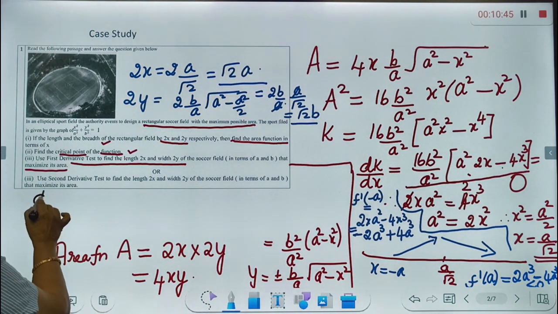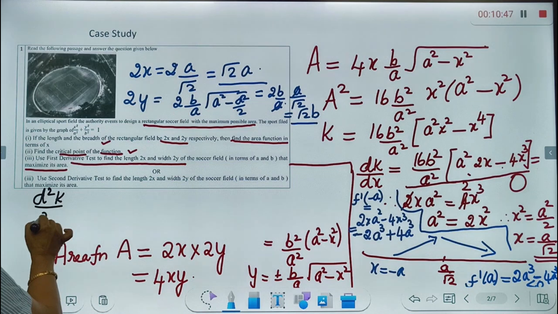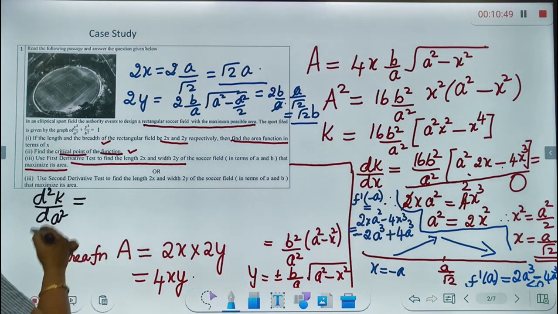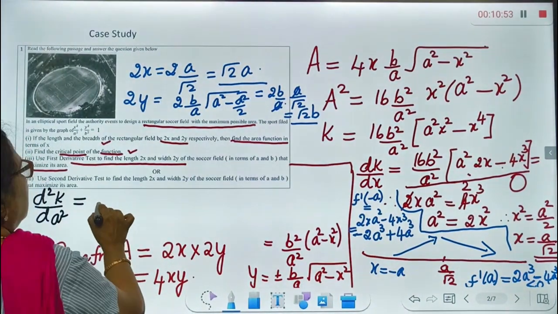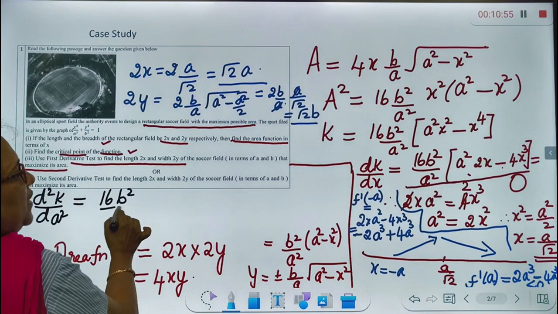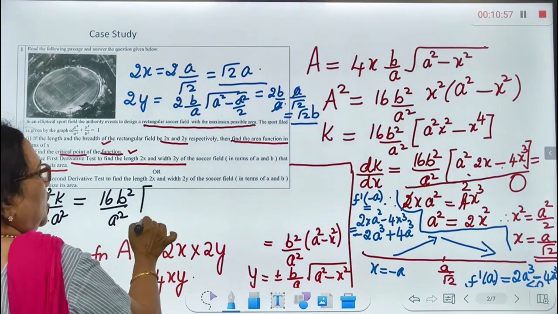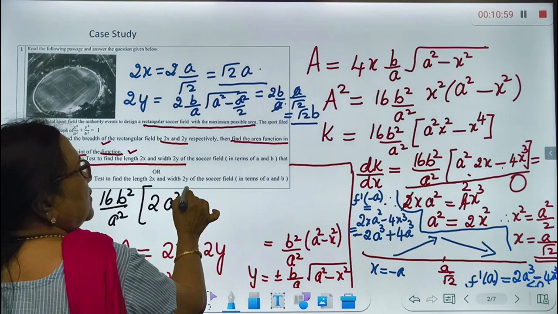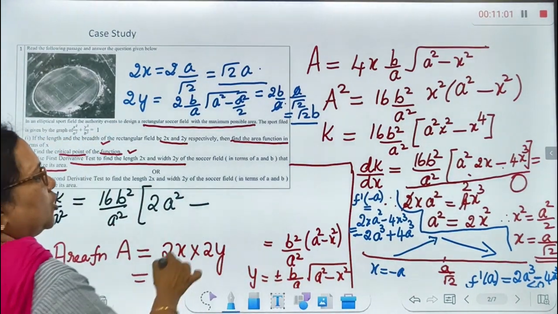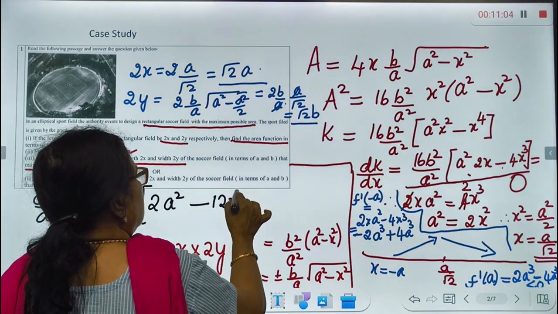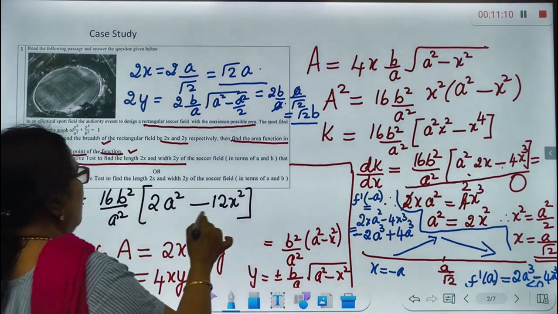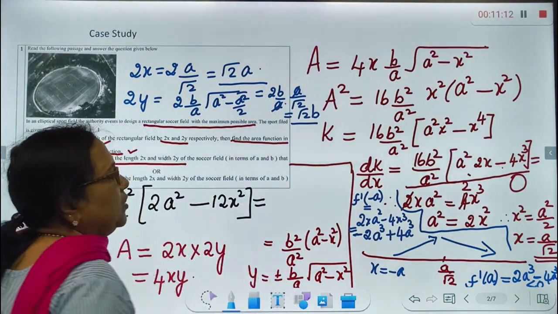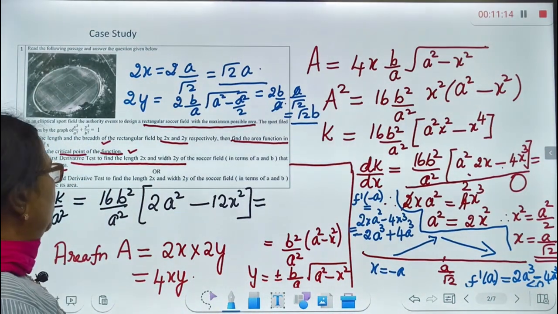So, the second derivative d square A by dx square will be, if I differentiate once again, 16b square by a square, which is a constant, into 2a square minus 12x square. 3 into 4, 12, x square. Now in this, I have to put x is a by root 2.